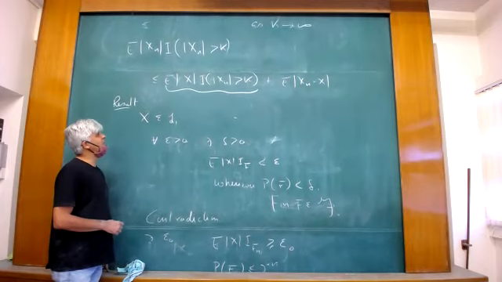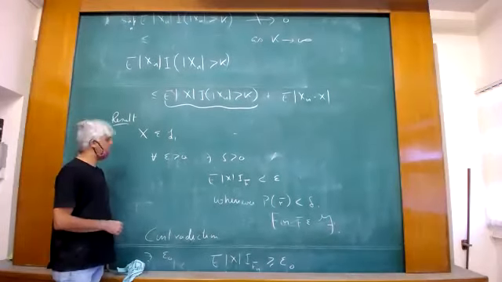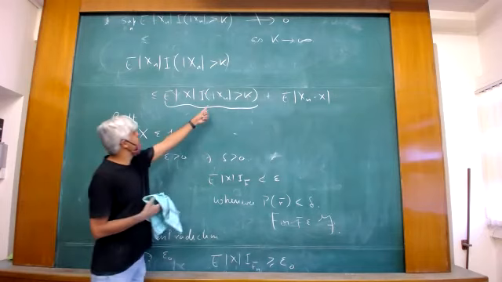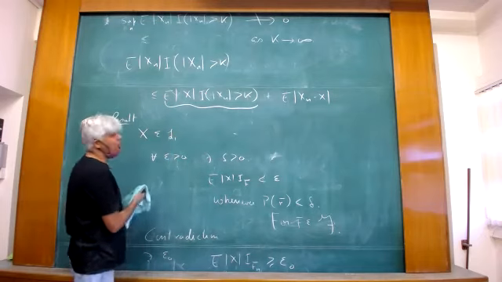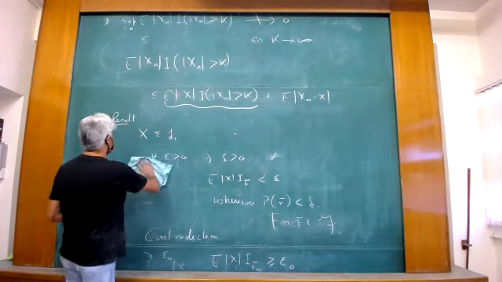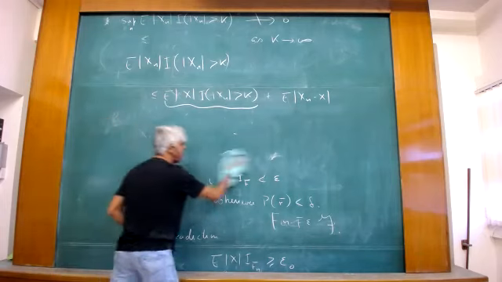So now with this, I can choose my k large enough. I want to bound this, but for all n, not just for any one n, using k for all n. So I use this fact as follows.